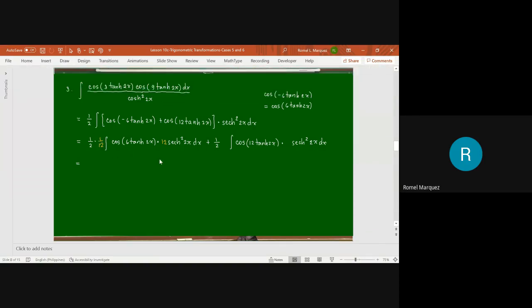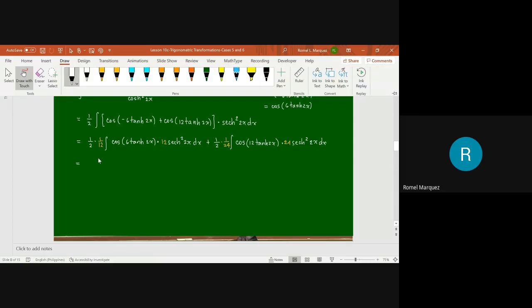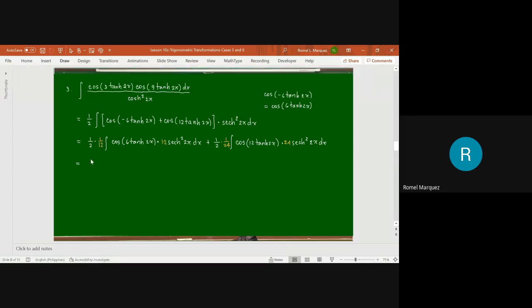I will put 1/12 here. So what about here? 12 times 2, 24, balanced by 1/24. Okay. Ready now to evaluate the integral. So we now have 1/24 integral of cosine, positive sign, then copy the argument.